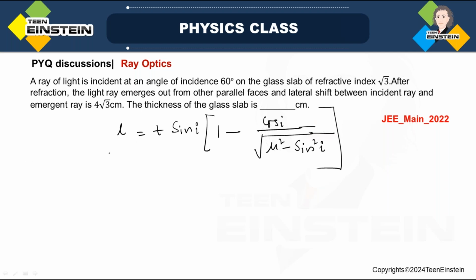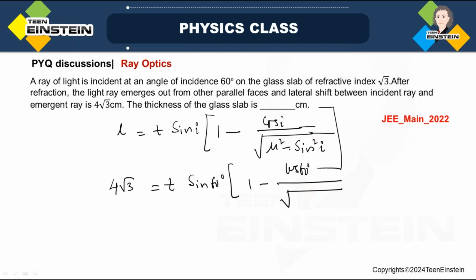Okay, what is t that you have to find out? L is given as 4 root over 3. t I have to find out. Sine i is sine 60 degree. 1 minus cos of 60 degree. Mu is given as root over 3.